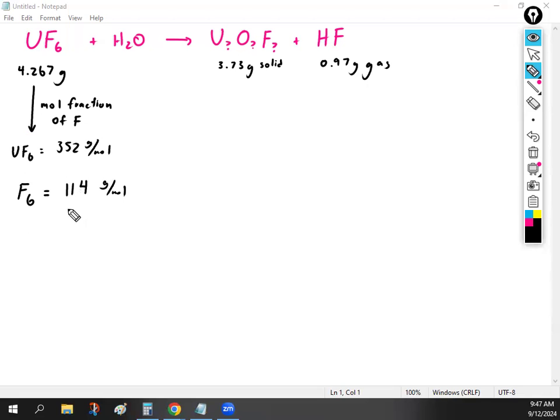If we want to find the mole fraction, we're just going to divide the molar mass of F6 by the molar mass of UF6. And that's going to give us the mole fraction of fluorine, which is going to be 32%.